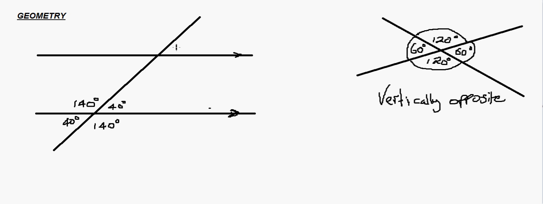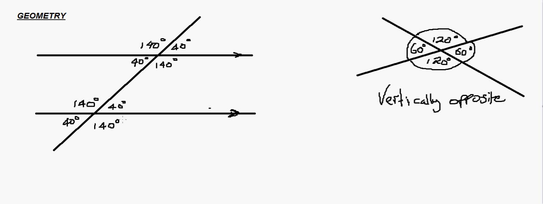So this angle will be 40, this angle will be 140, this angle will be 40, and this angle will be 140. So whatever's happening here happens here, because these two lines are parallel.